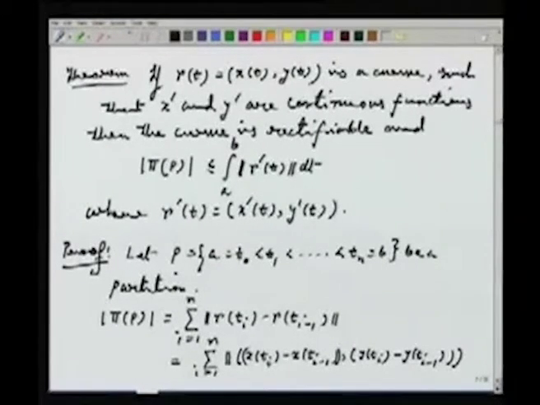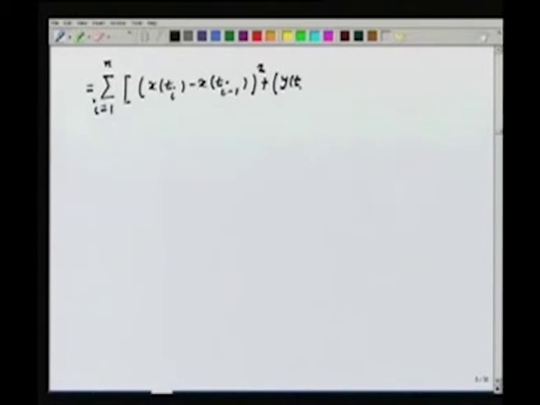Okay. So these are the quantities I get, and now I can calculate the norm, which I will write as summation i from 1 to n, x(t_i) minus x(t_{i-1}), I am just writing down the expression of the norm, plus y(t_i) minus y(t_{i-1}), whole to the power half.